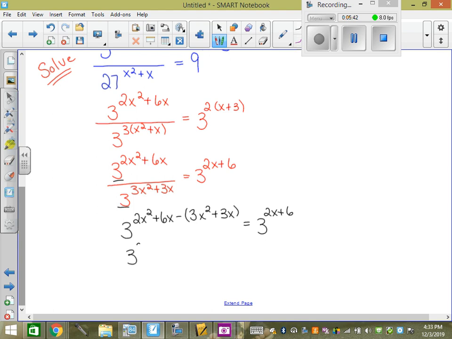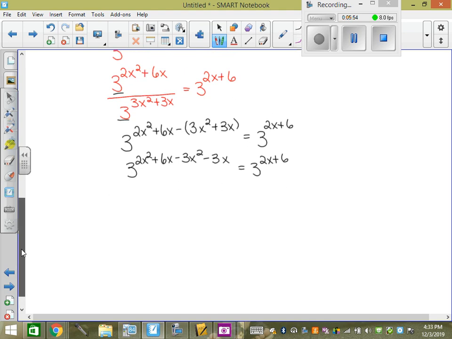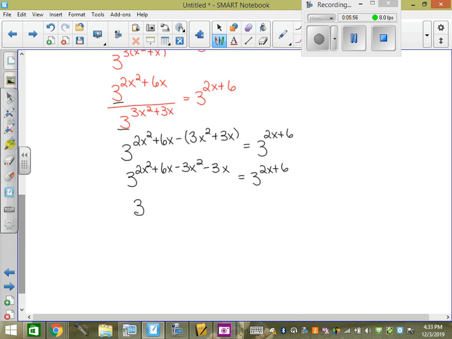So we get 3 to the 2x squared plus 6x minus 3x squared minus 3x equals 3 to the 2x plus 6. Put those together, you get 3 to the negative x squared plus 3x equals 3 to the 2x plus 6.